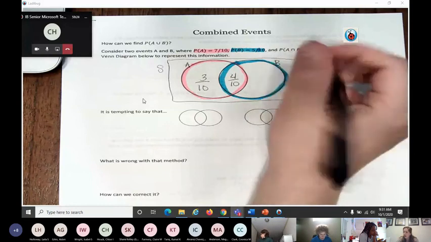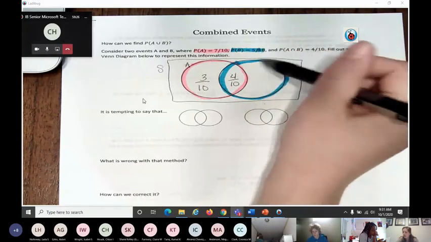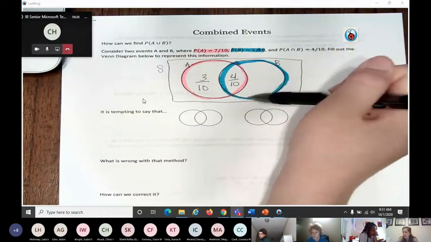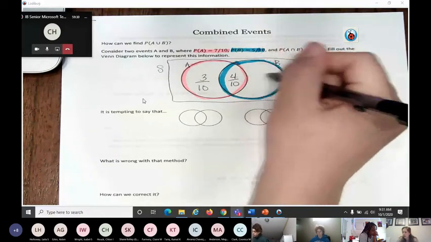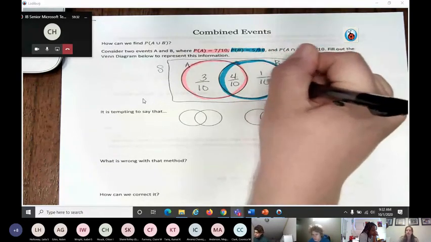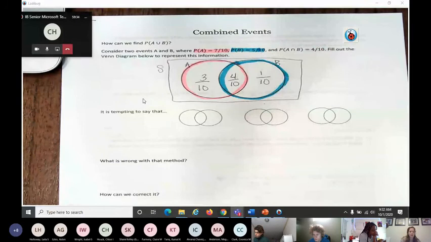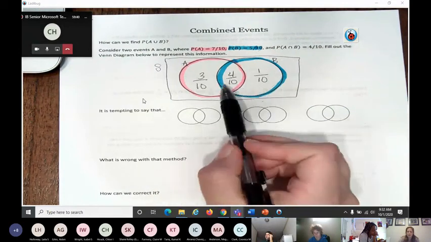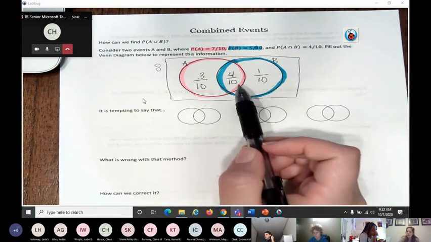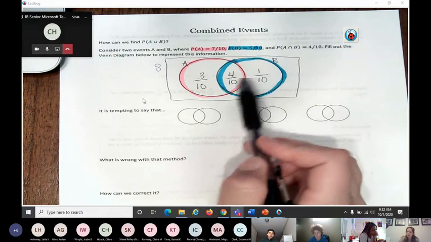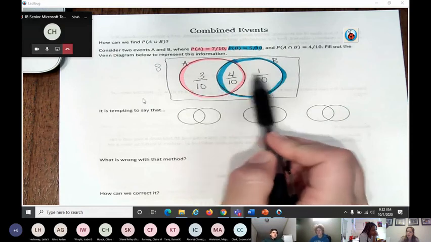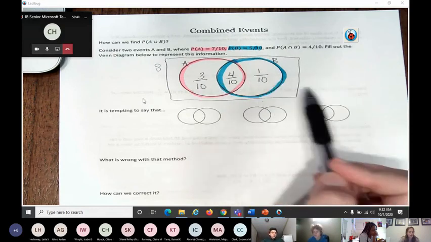Then 5 has to be my total probability for the blue section, the B section. 1 plus 4 is 5, so I'm going to do 1 out of 10 for this. I'm sticking my probabilities in there, not necessarily the number of elements. If it were the number of elements, it looks like there's 10 total elements, so you would have 3, 4, 1, that's 8, and you would have 2 outside of here.